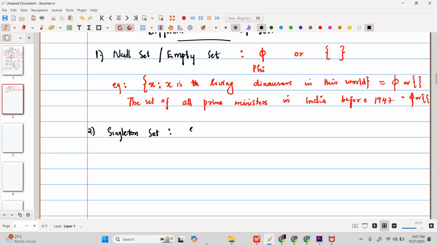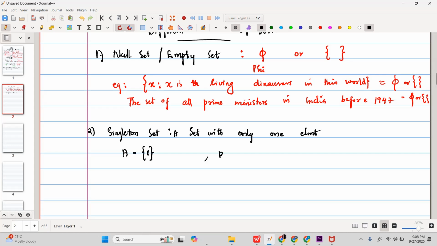Singleton set means a set with only one element. For example, a set with only one element, which is 1. So there is only one element and it is known as a singleton set.